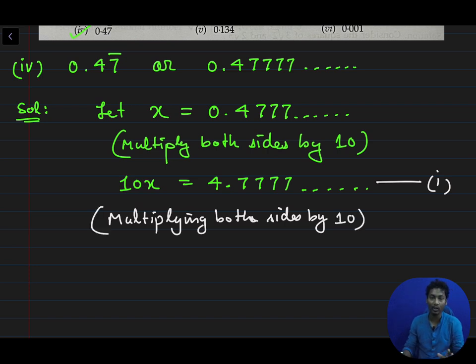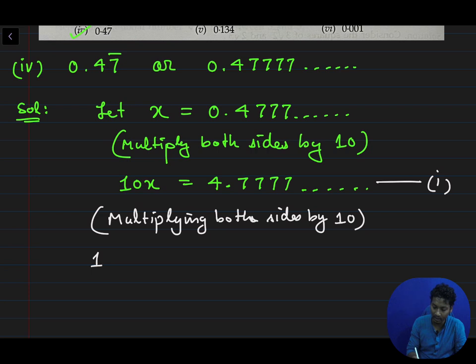So you have to use your understanding as to what you have to multiply. If there were 2 repeating digits, in order to bring both of the repeating digits this side, you will have to multiply by 100. So the same goes for 3 repeating digits. I hope you understand that. So let's multiply both sides by 10.